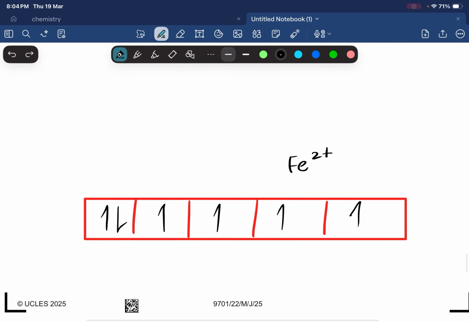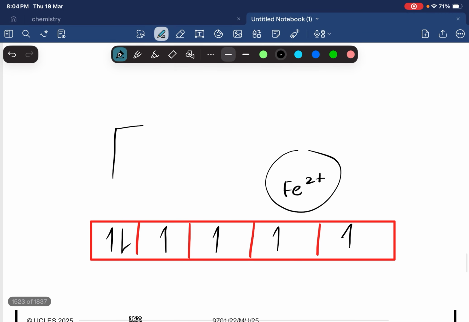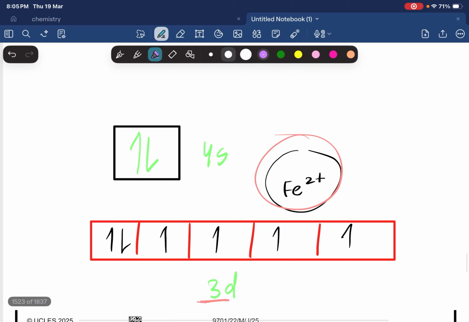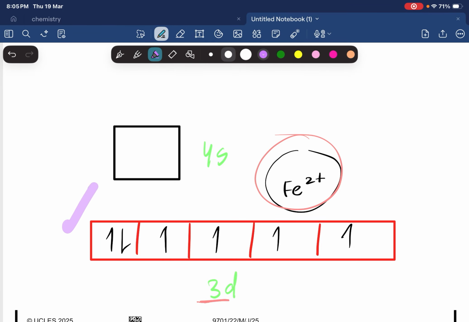Now, taking out 2 electrons from this, you know that whenever we take out electrons, we don't take them out from the d subshell first, we take them out from the s. So this is 4s and that's 3d. If I have to take out 2 electrons, I'm not going to touch the 3d one, I'm going to take them from the 4s. So the 2 electrons are going to be taken out from the 4s. Nothing happens to the 3d part.